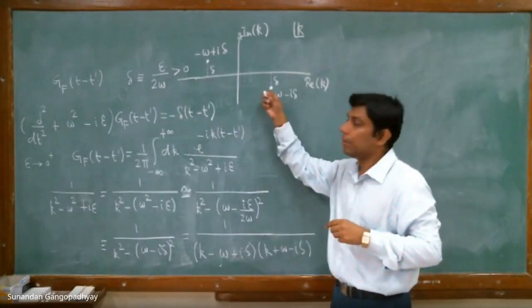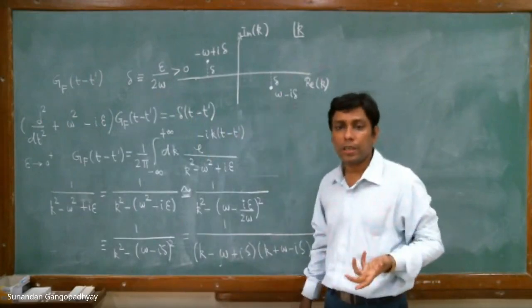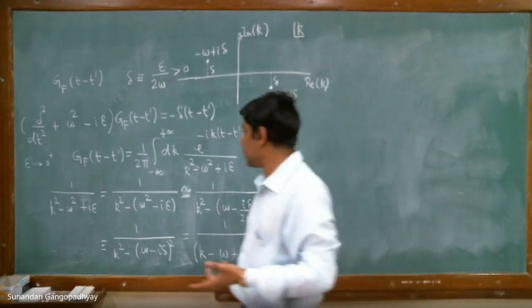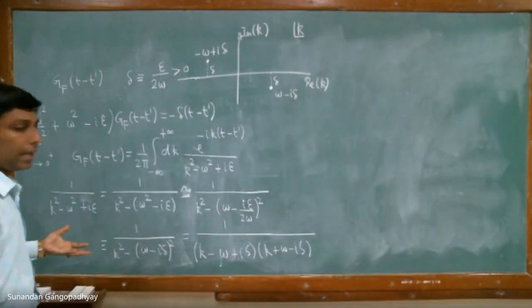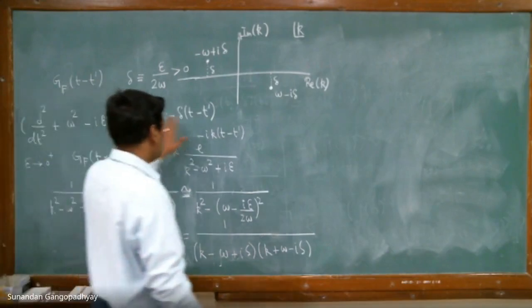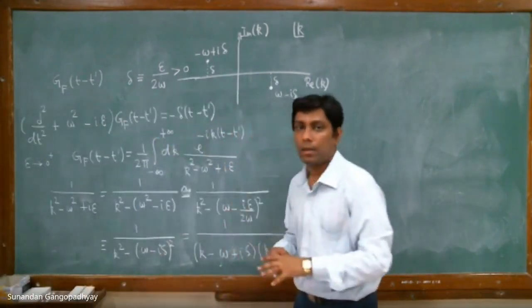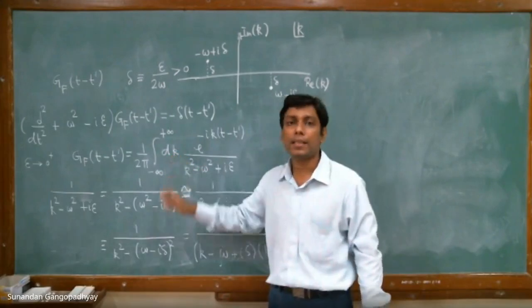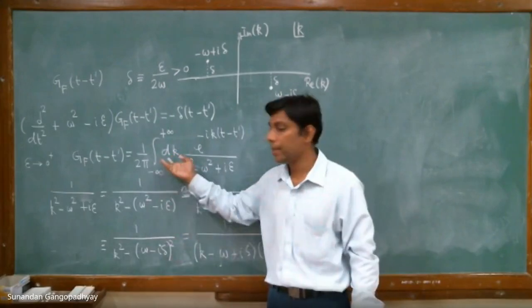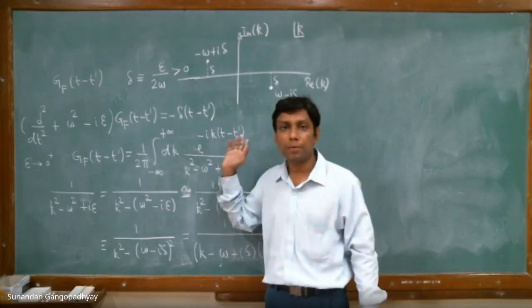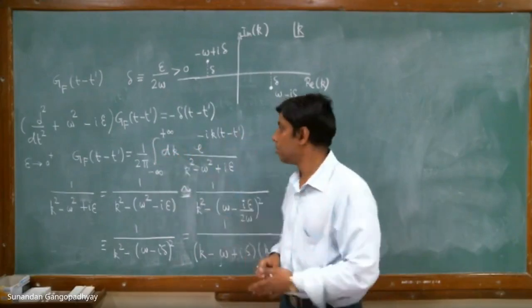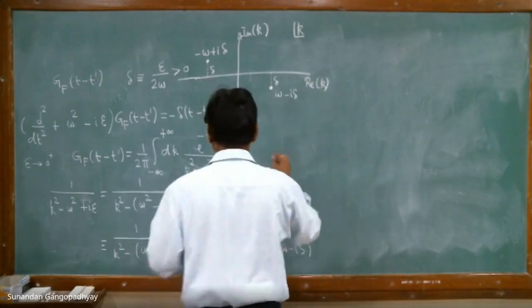But you have to consider the contribution. So the standard technique in complex variable analysis to perform this integral is to consider this k as a complex number, right? And go to the complex plane and then perform the integral. So the technique is the following.